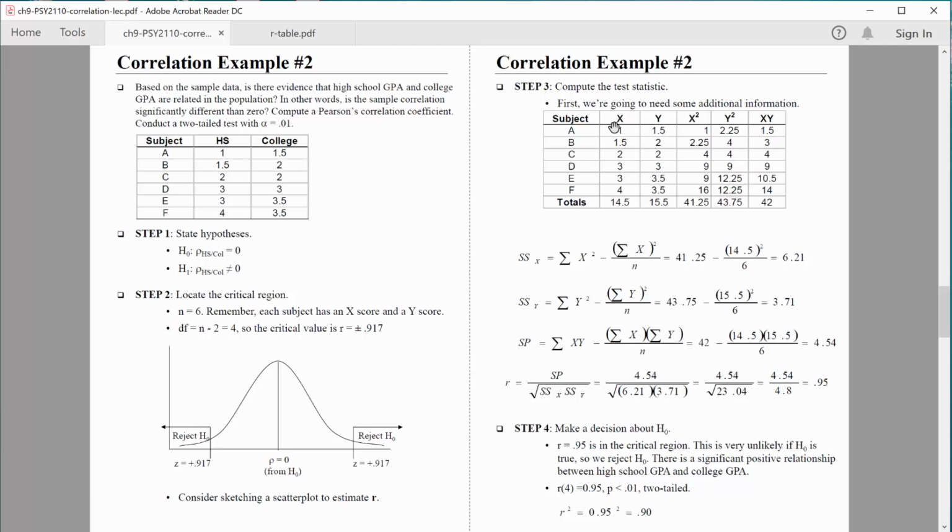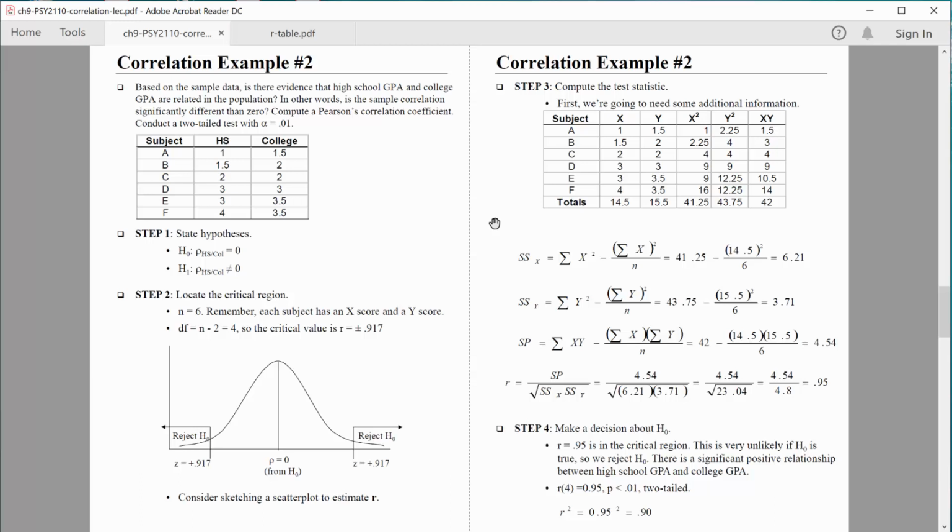And at that point, we just have to get sums for each column. We know we need the sum of x, the sum of y, and the sum of every other column. So just go ahead and add them all up. Check your answers with mine, and you should find these sums.